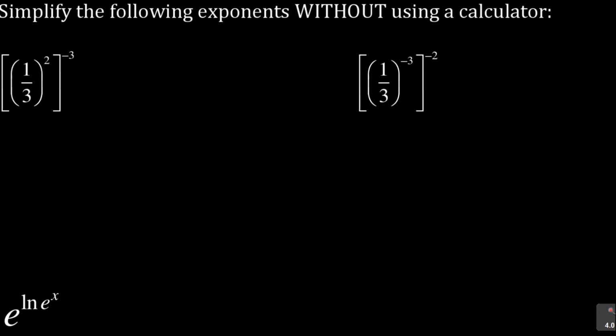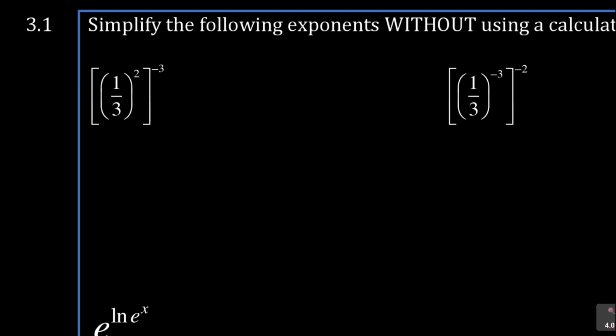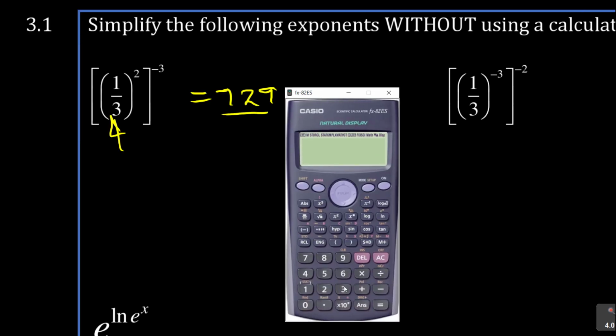Now the question is, can I prove how they got that? So let's look into that. How did the calculator get 729? First things first, try to simplify the inside. If I'm given 1/3, remember what 1/3 is? 1/3 is the same as 3 to the power of -1.